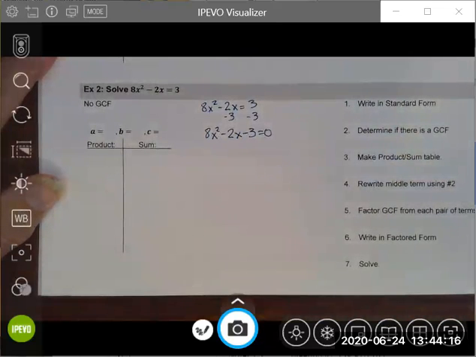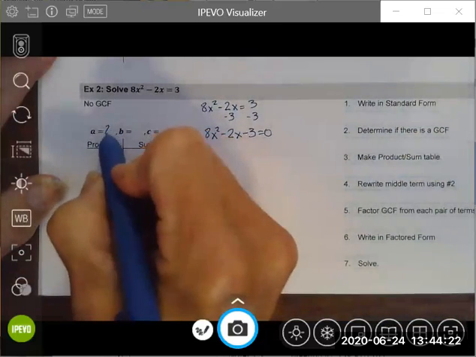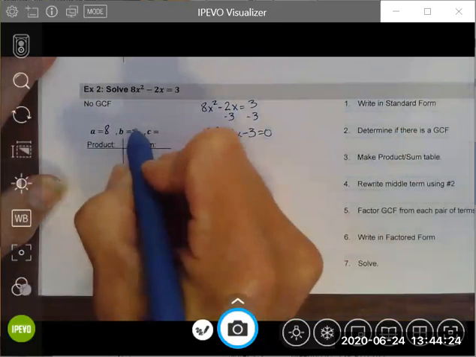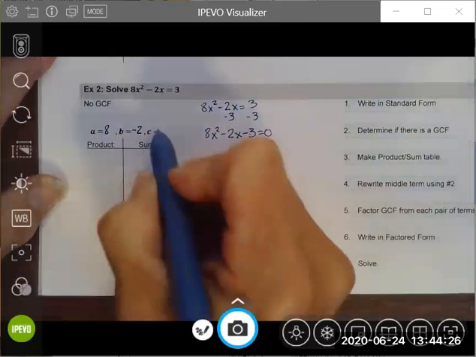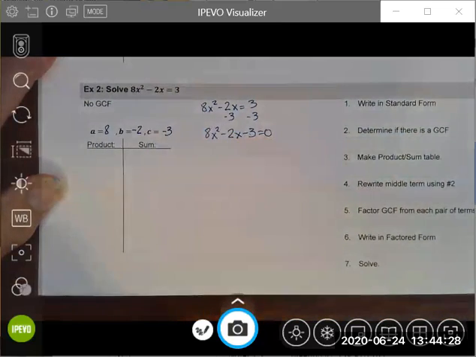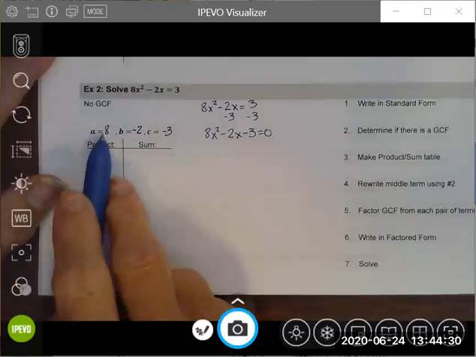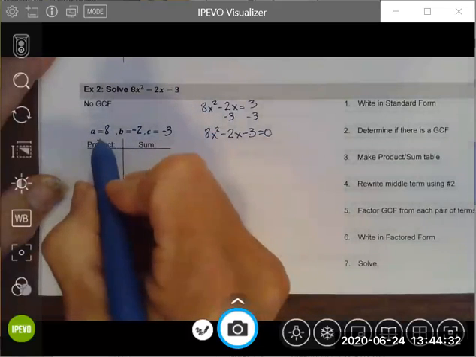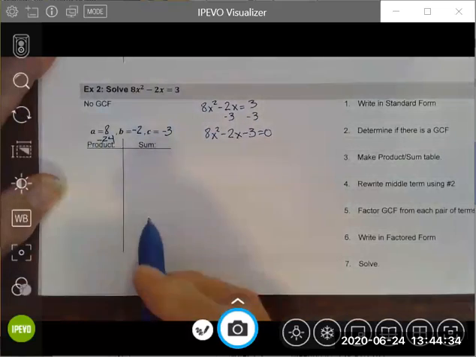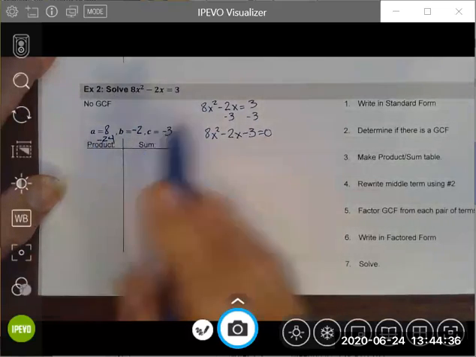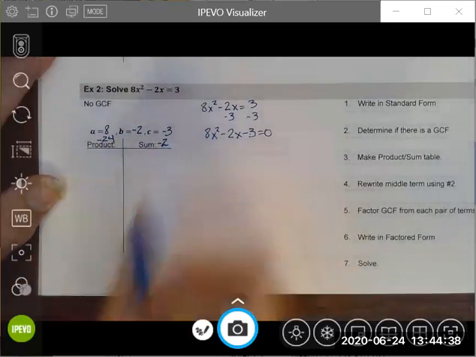The next thing I am going to do is identify my A, B, and C term. My A term is 8, my B term is -2, and my C term is -3. I'm looking for products of A times C, which is -24, that will add up to -2.